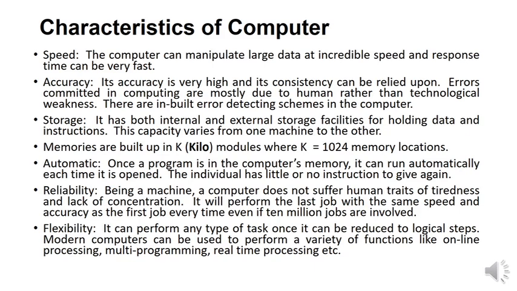So there is flexibility. This is another attribute, another characteristic: a computer can perform any type of task, once it can be reduced to logical steps. We know we have supercomputers, special purpose computers, and general purpose computers. A general purpose computer should be able to perform different tasks. A special purpose computer is designed for a particular process, like an aviation system, designed purposely for aviation operations.